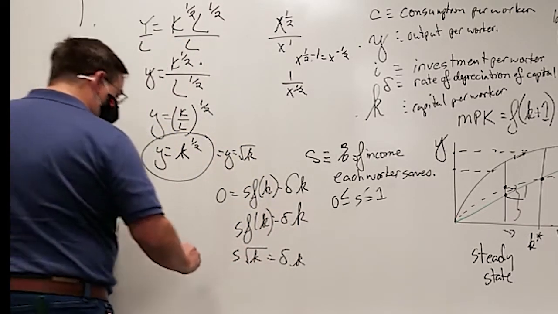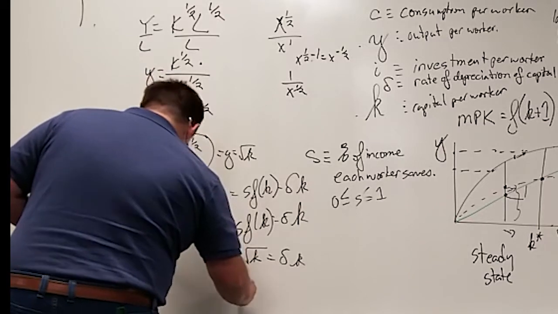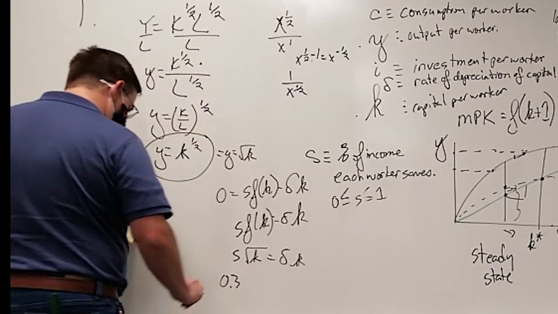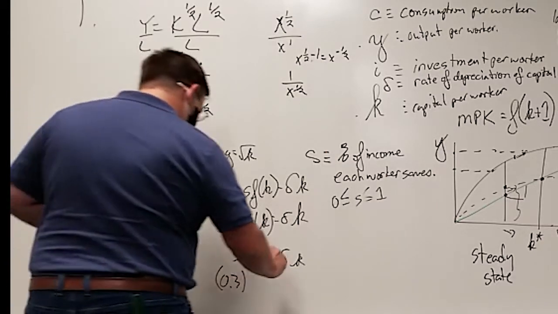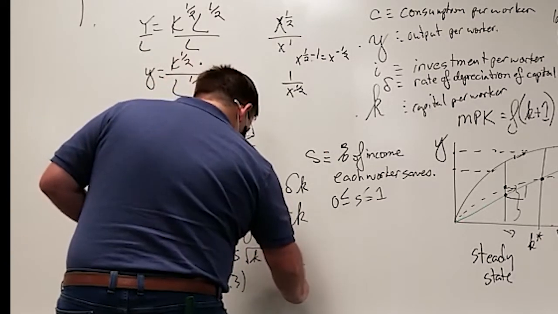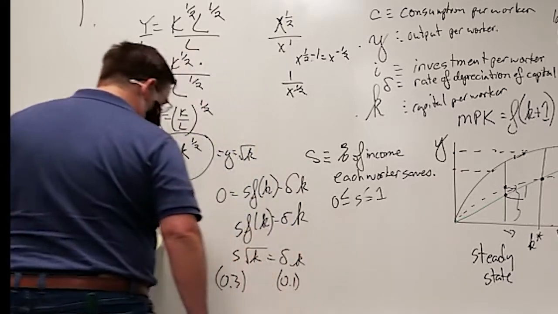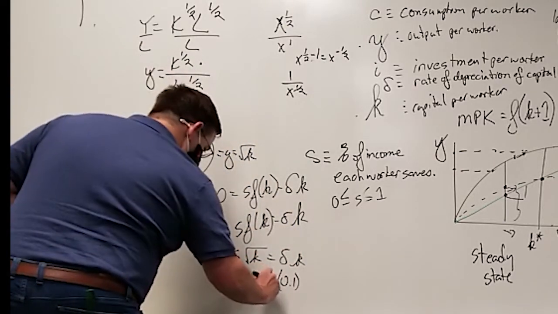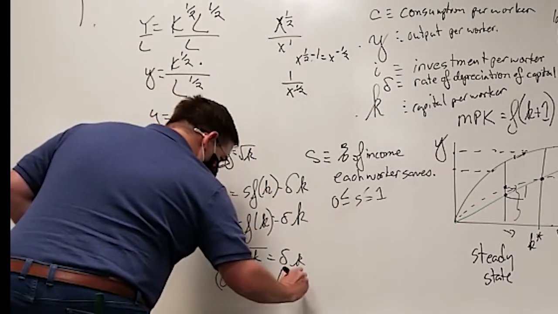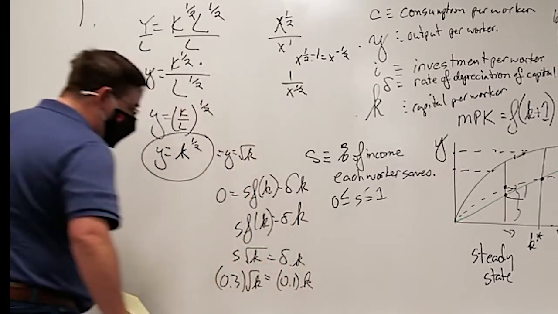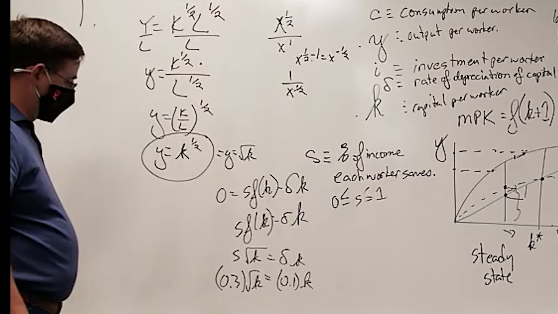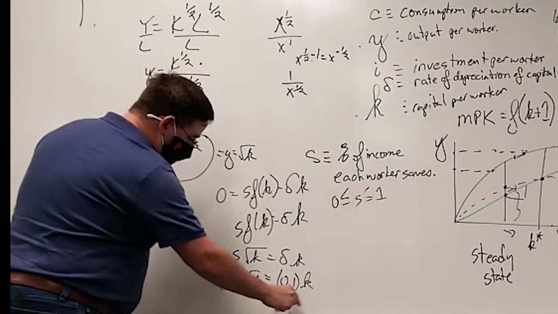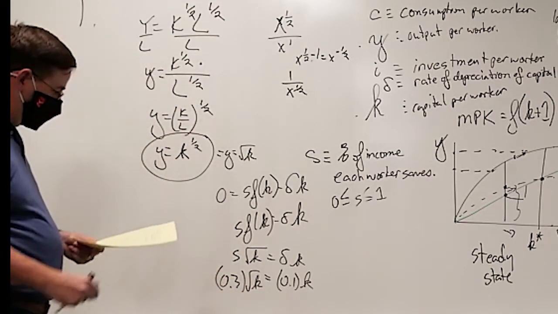If savings is 0.3, rather, and depreciation is equal to 10%, at what point will I achieve the steady state amount of capital? Can I solve all of this for K?